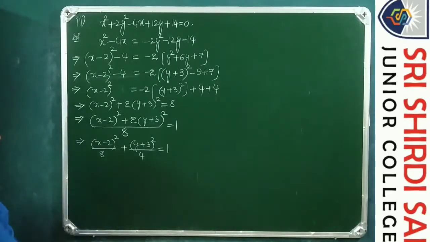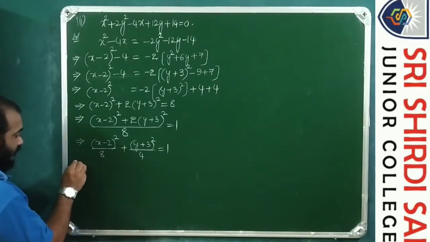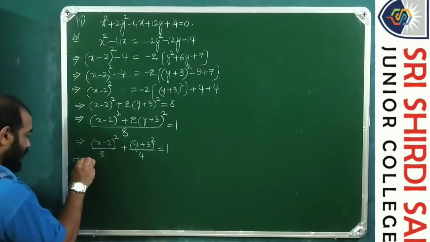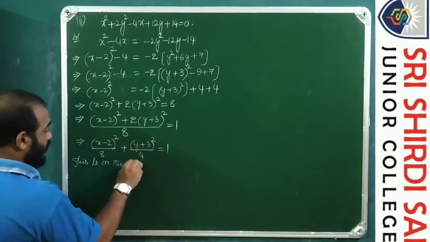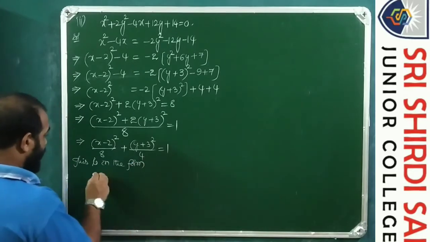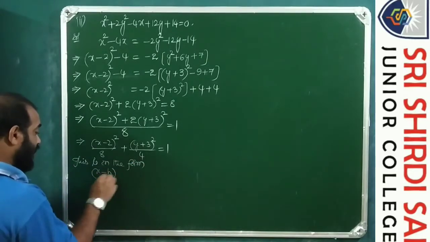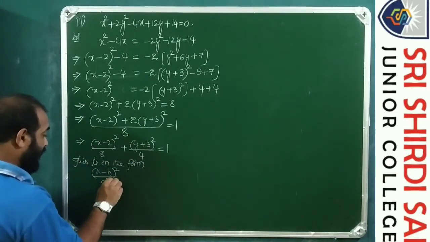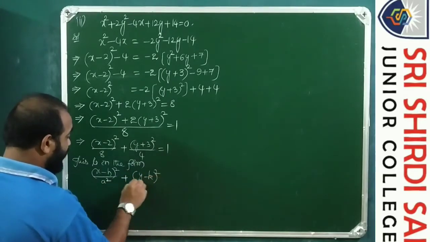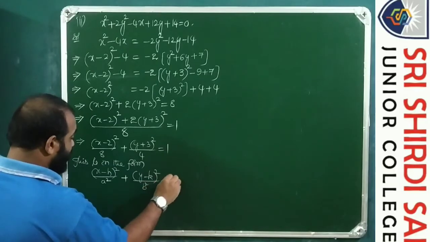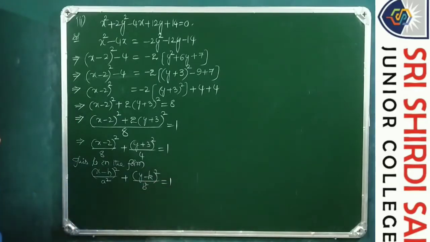This is in the form x minus h whole square by a square plus y minus k whole square by b square equals 1.